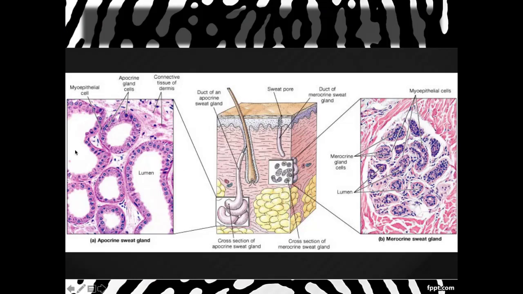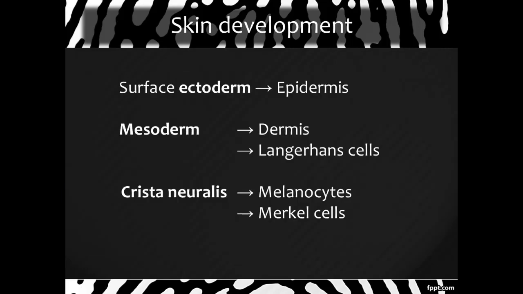So this is the difference between the apocrine and eccrine sweat glands. You can see that the secretory unit of the apocrine gland is composed of one layer of epithelium. Here you can see two types of cells, dark cells and clear cells, and so on.